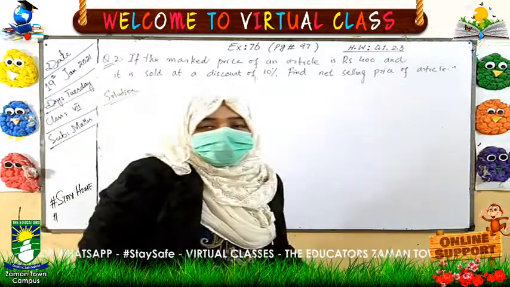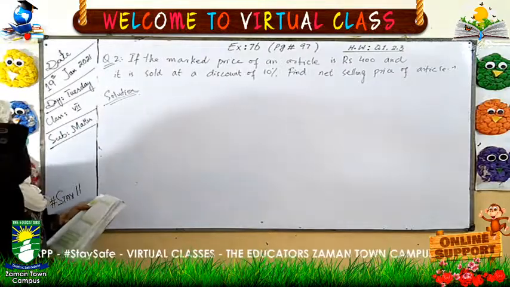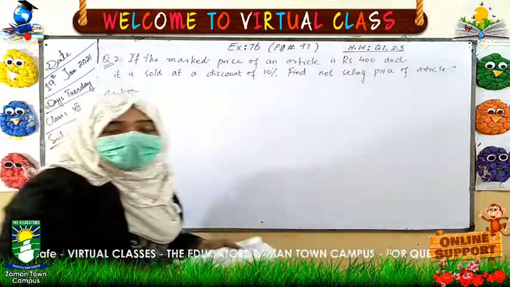It is your solution. Question number 2. If the mark price of an article is rupees 400 and it is sold at a discount of 10%, find the net selling price of the article.